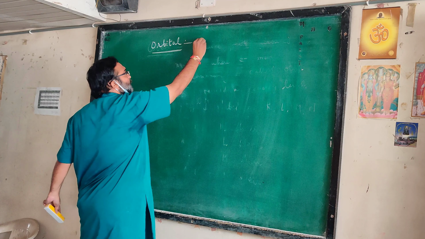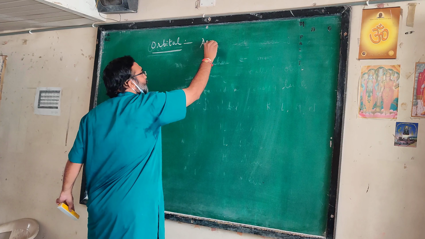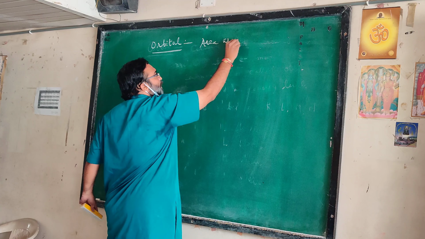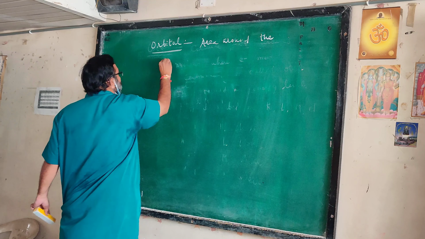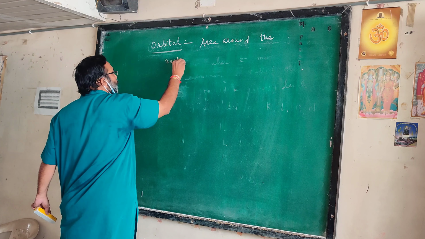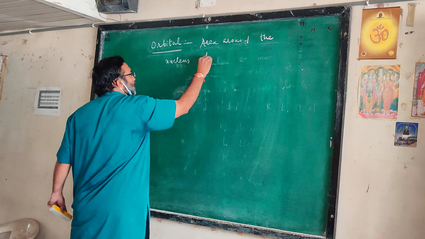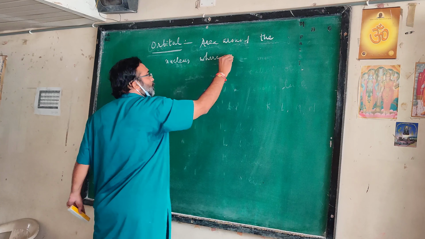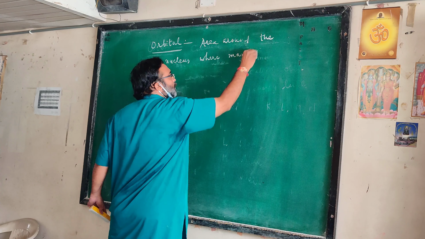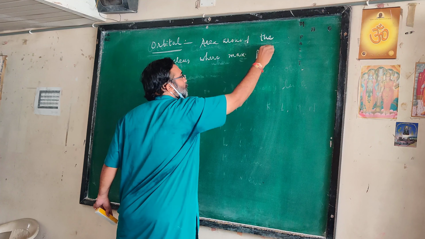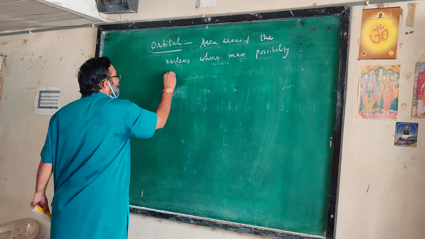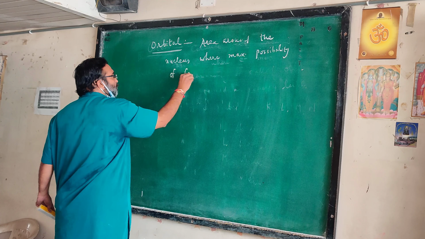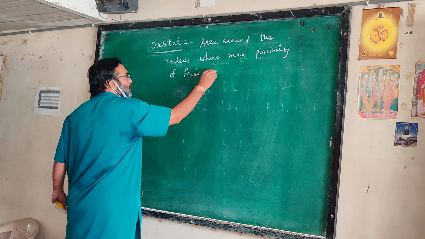Orbital is the area around the nucleus where there is maximum possibility of finding an electron.